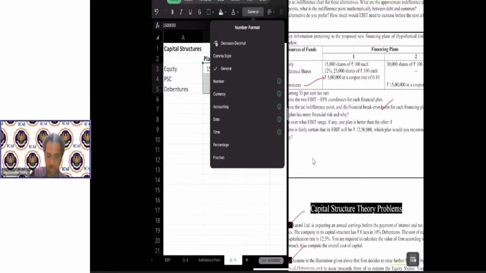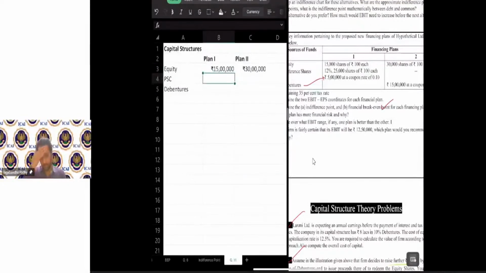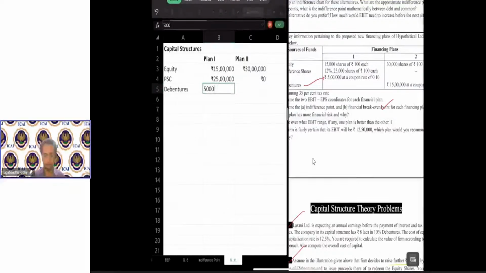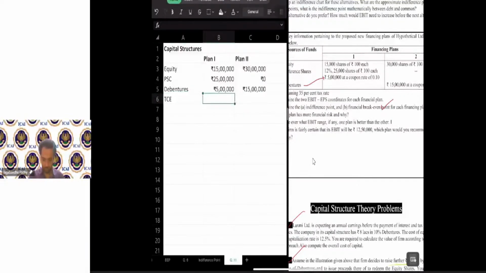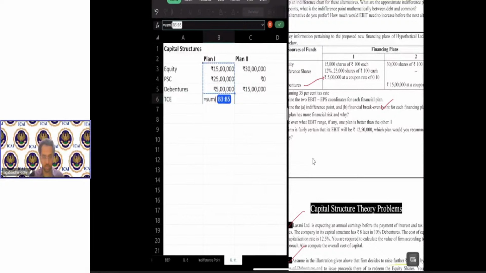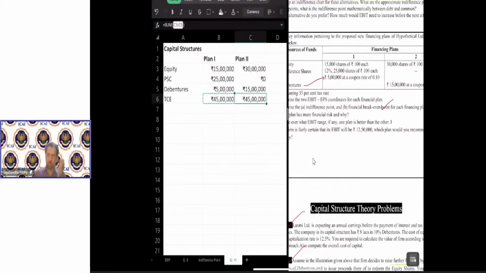Preference share capital is 25,000 into 100, and here it is 0. For debentures, we have 5 lakh in plan 1, and in plan 2, it is 15 lakh. If we look at the total capital employed, that is the summation of all these three, 45 lakh. Total capital employed is 45 lakhs.